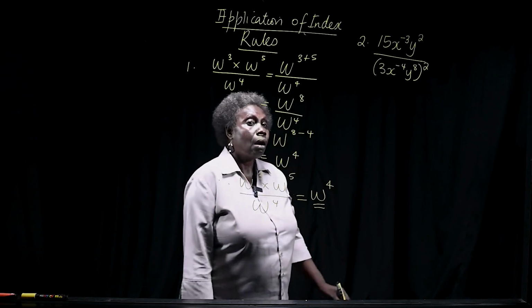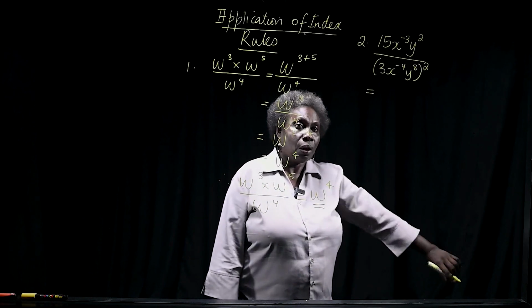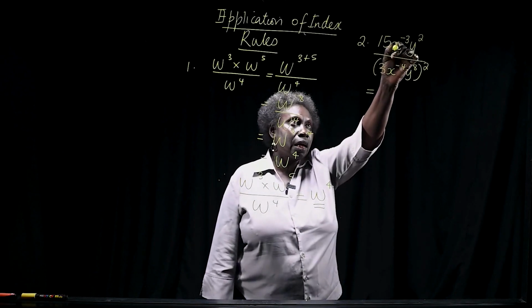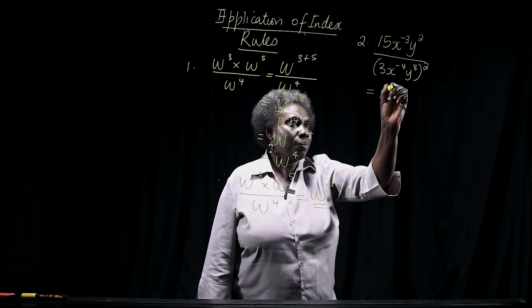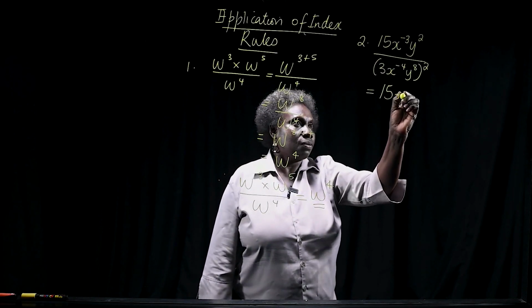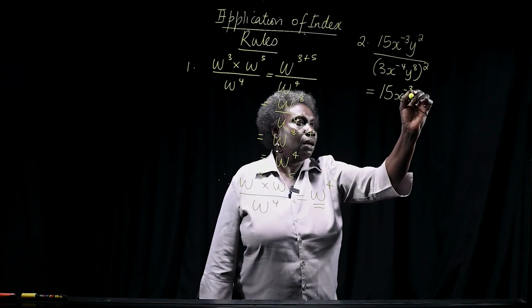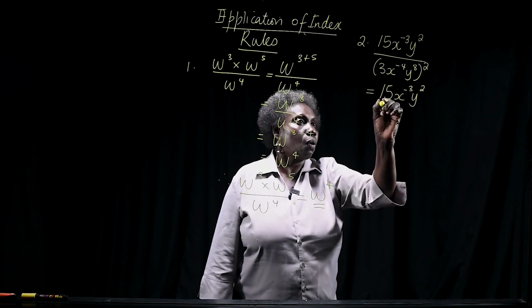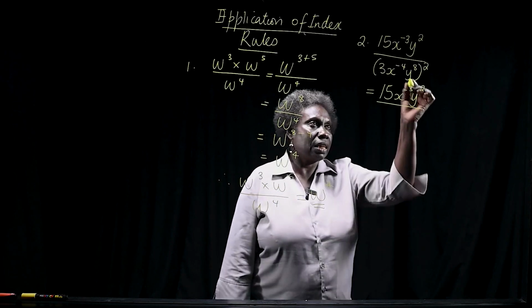Now, when we were looking at our order of operations, we usually start with the brackets first. So the numerator will be the same, which is 15x to the power of negative 3 times y to the power of 2 over, I'll have to simplify the brackets in the denominator.